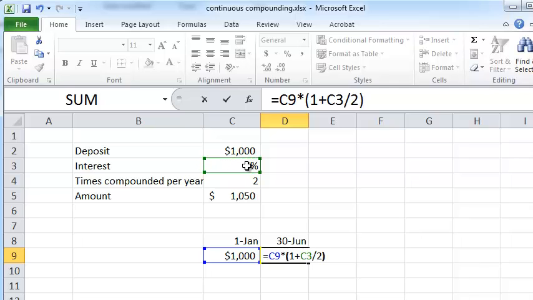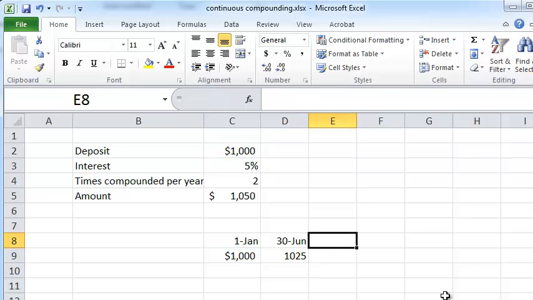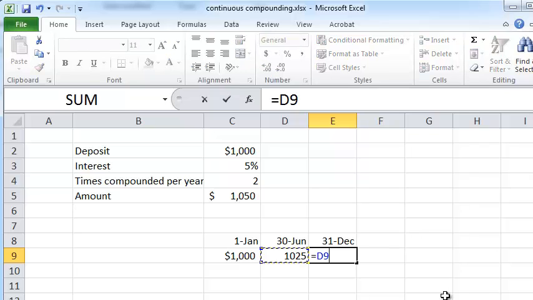So that's important. When the 5% interest rate was quoted, that is for the entire year. If you want to measure the interest applicable for 6 months, you have to divide that by 2, because 6 months is half of 1 year. And now you have 31st December. Now you apply the same procedure.